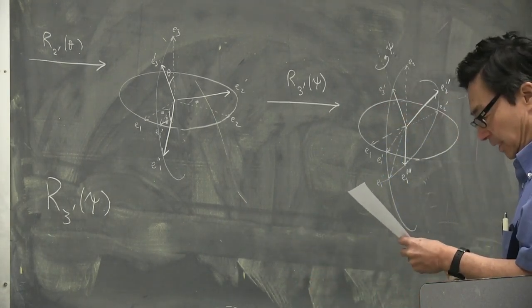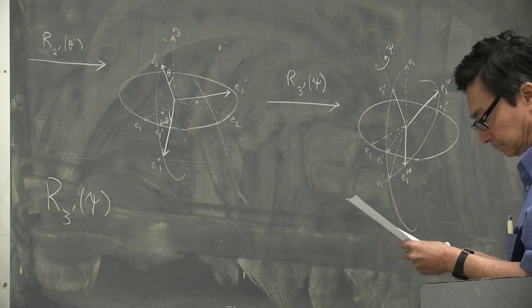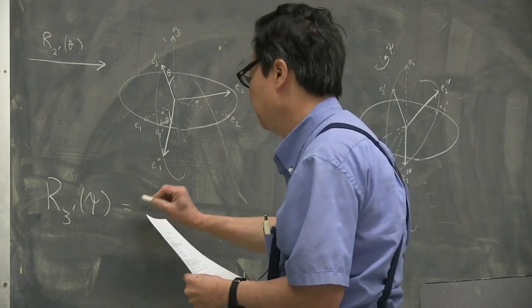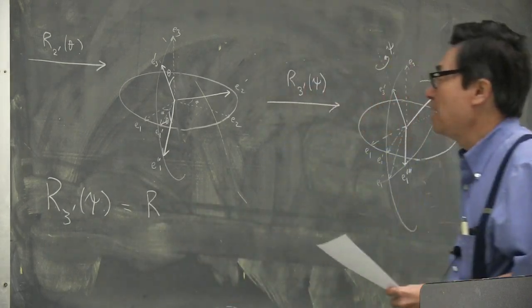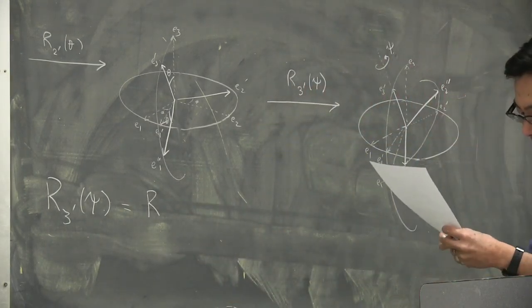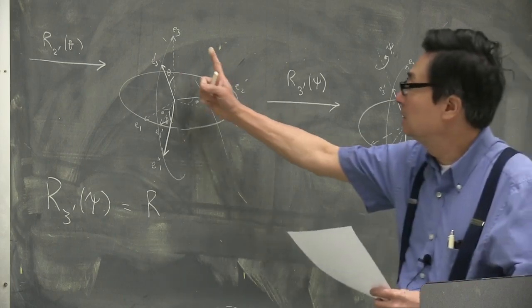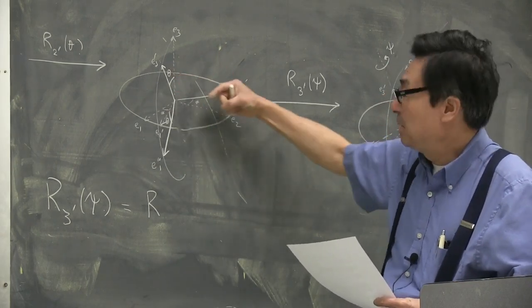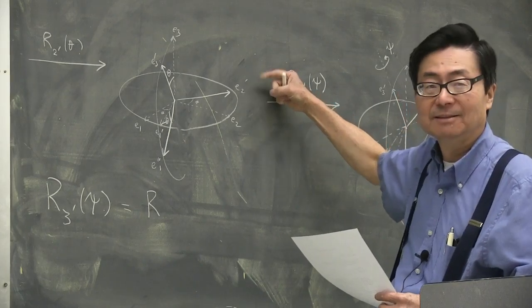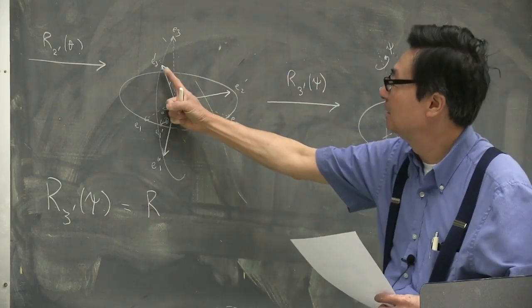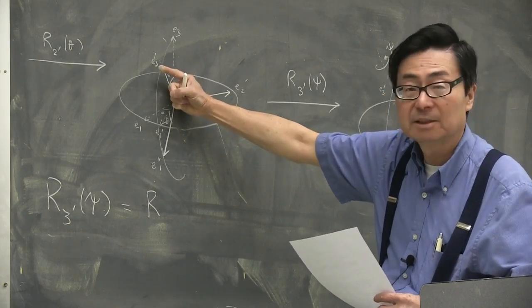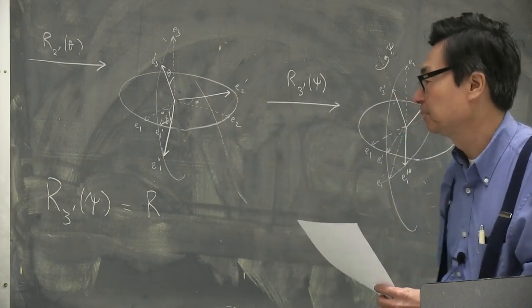I'm going to try to relate it to, let me write it in a different way. 3 prime was obtained by rotating 3 to here, about the 2 prime axis by an angle theta, okay? Obviously, this vector is obtained from that vector by rotating like so, about the 2 prime axis.